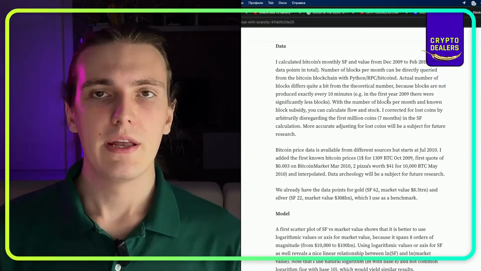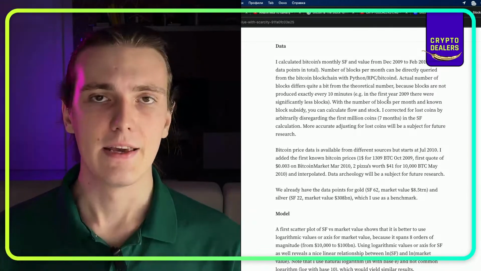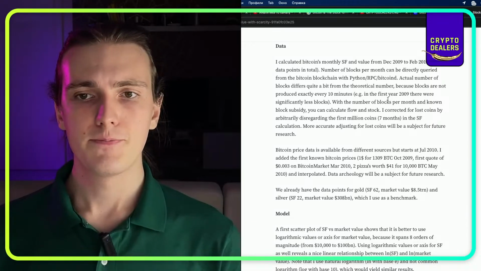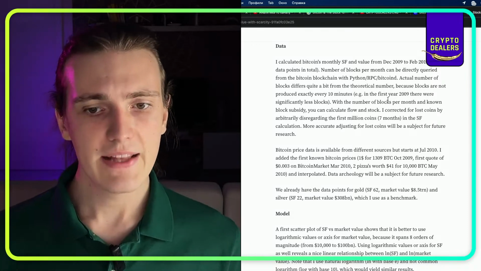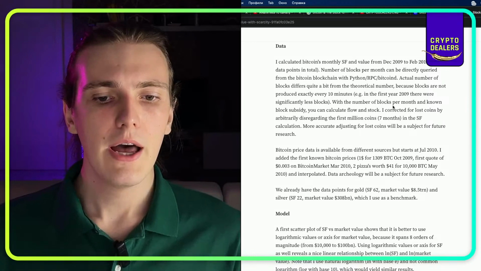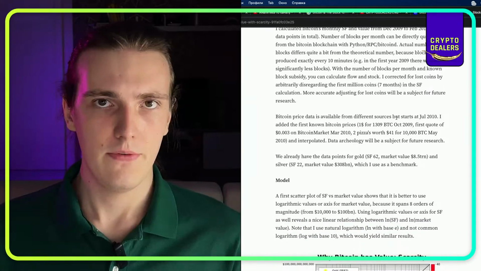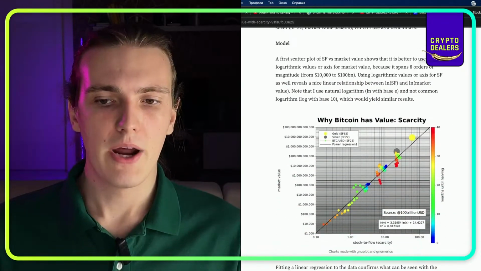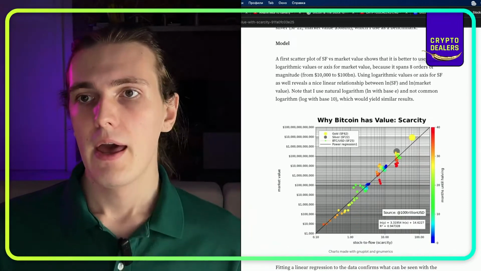But what he also did is he made a prediction about pricing based on this theory. And since his article was very deep and very logical, a lot of people followed it and thought that pricing was going to go this way.